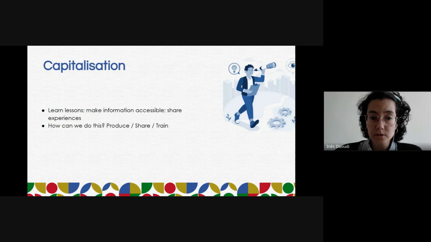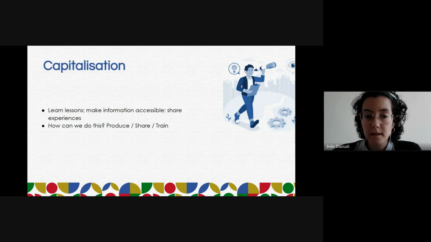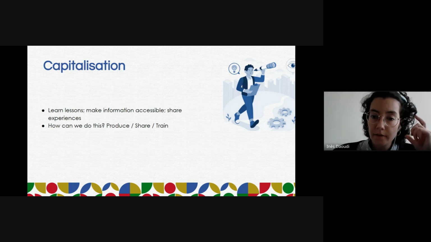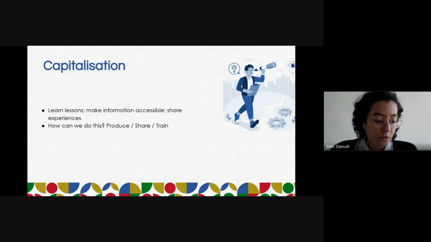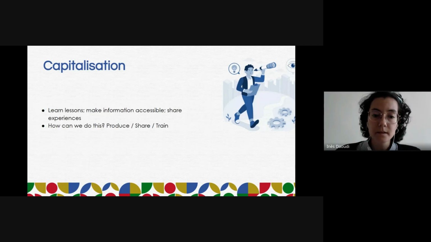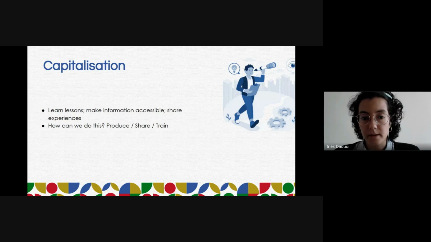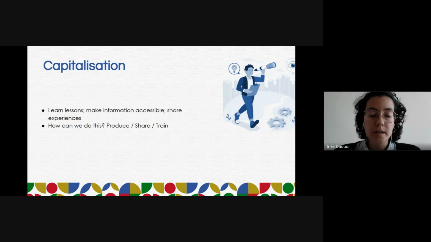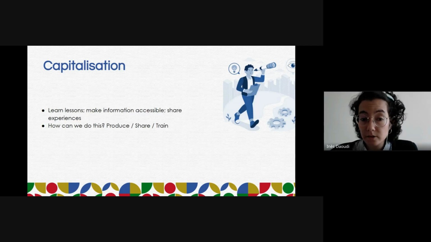It's not an activity that you think about at the end, because it has to be integrated into the project design. From the very beginning, you need to think about capitalization, even though it will be at the very end of the project, because you will have to identify the information to be capitalized.